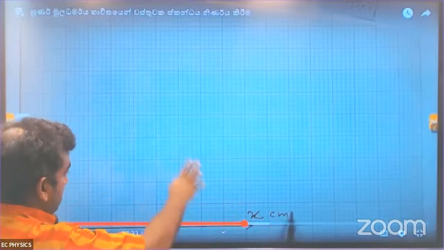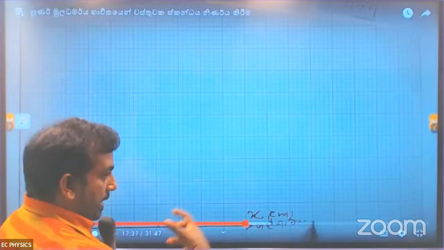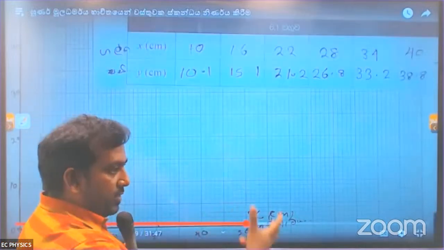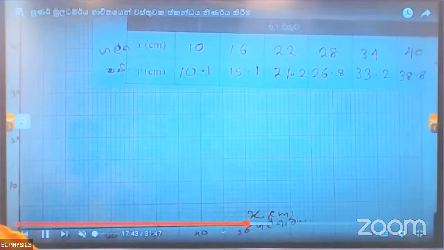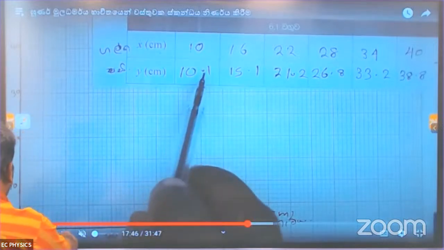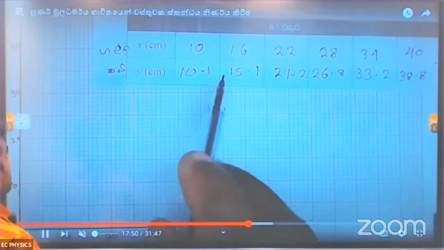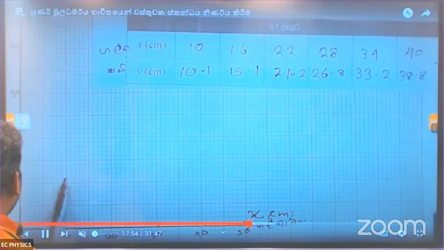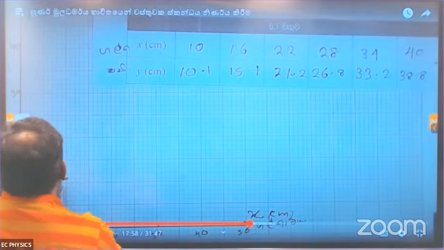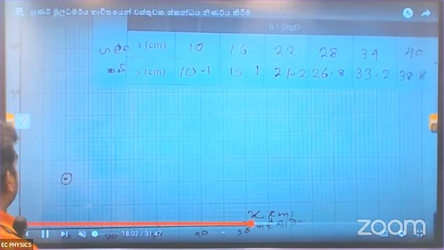X-axis, X in centimeters, Y in centimeters. X is the unknown weight, Y is the known weight. So you carefully mark the X and the Y. X is 10, Y is 10.1. So you can mark the coordinates. There you go. Then 16, 15.1. Now 15.1 we can't mark exactly because there is a 0.1 there.